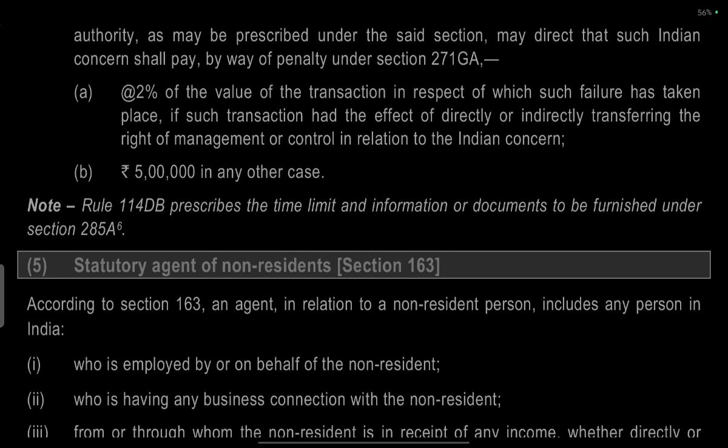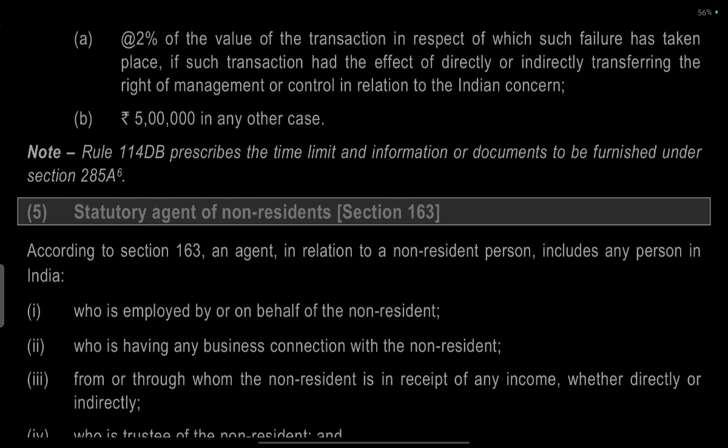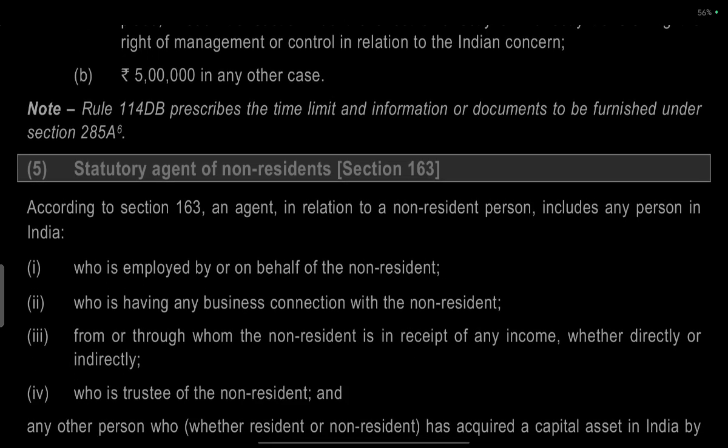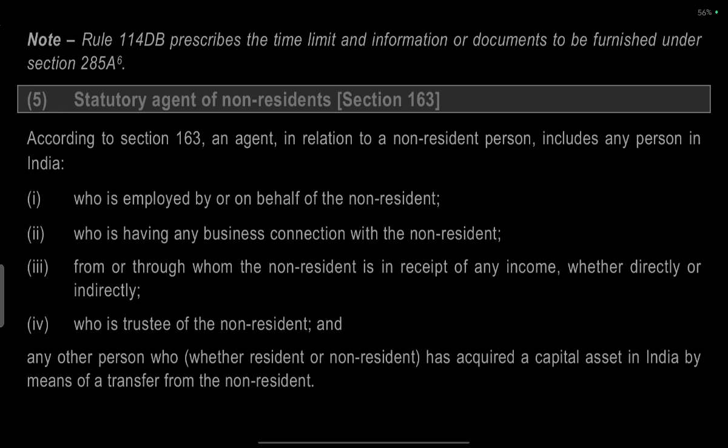If such a transaction has the effect of directly or indirectly transferring the rights of management or control in relation to the Indian concern, the penalty is 5 lakh rupees in this case. Rule 114D prescribes the time limit of information and documents to be furnished under the section.